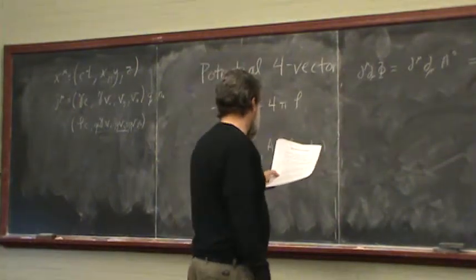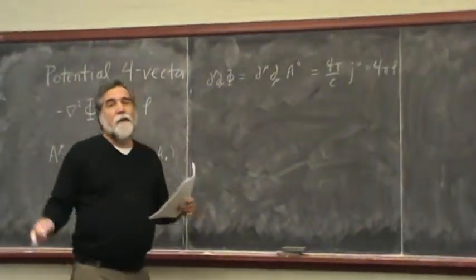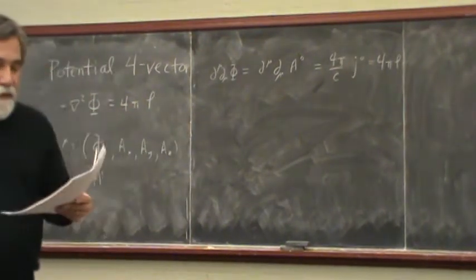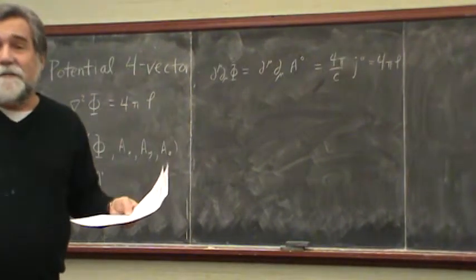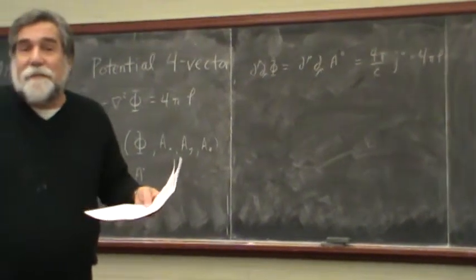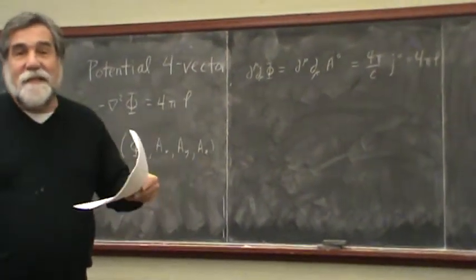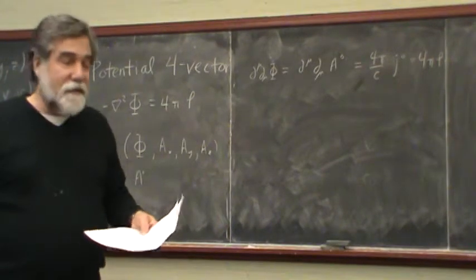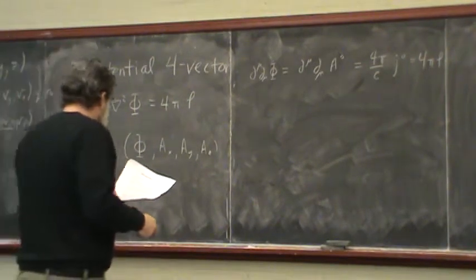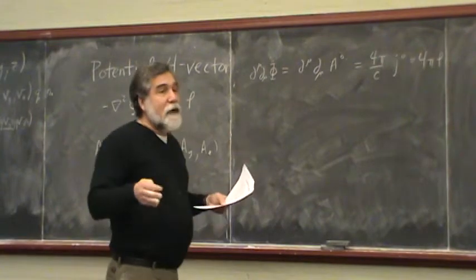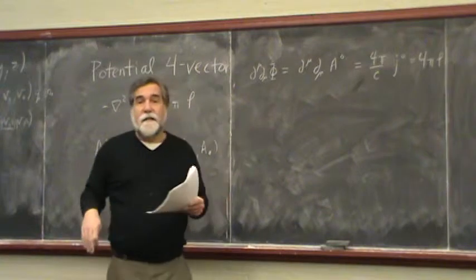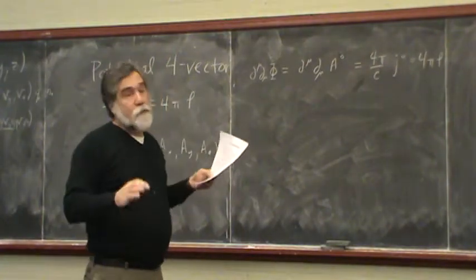All right. So we want this 4 vector to be Lorentz invariant, right? So we should get the same physical potential, no matter what frame we're observing it in. This was the Laplacian, basically, Poisson's equation.